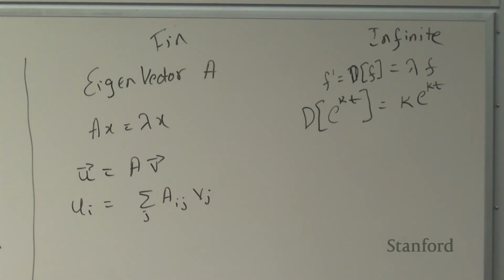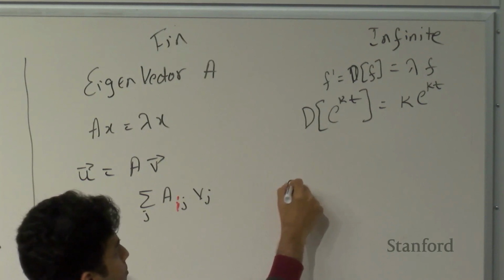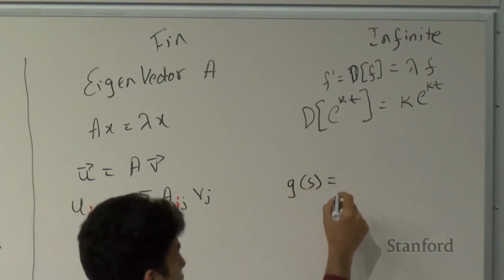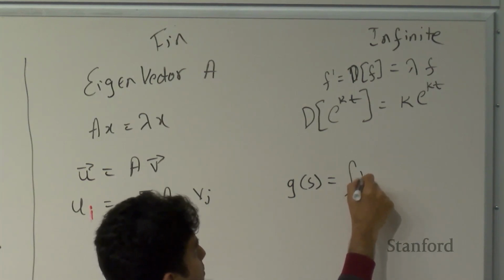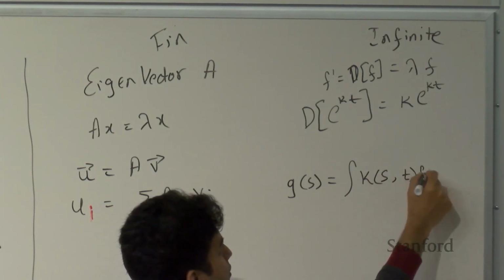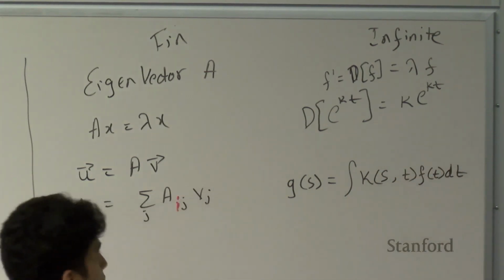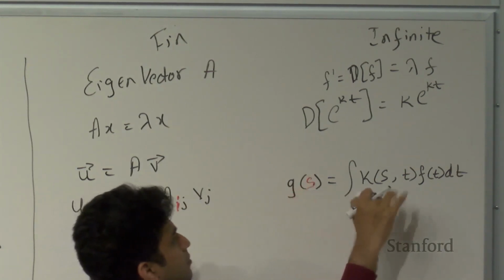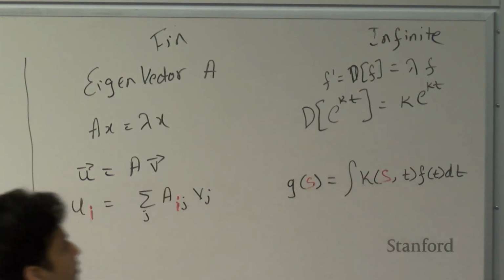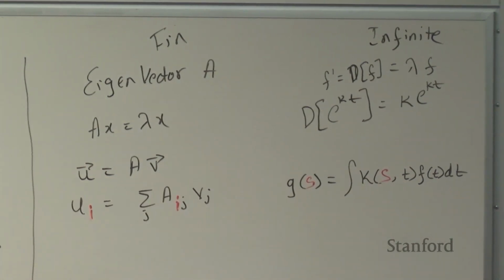The equivalent in the functional setting is g(s) equal to the integral of k(s, t) f(t) dt. So this is like a matrix multiplication, but it's just happening in infinite dimensional space.